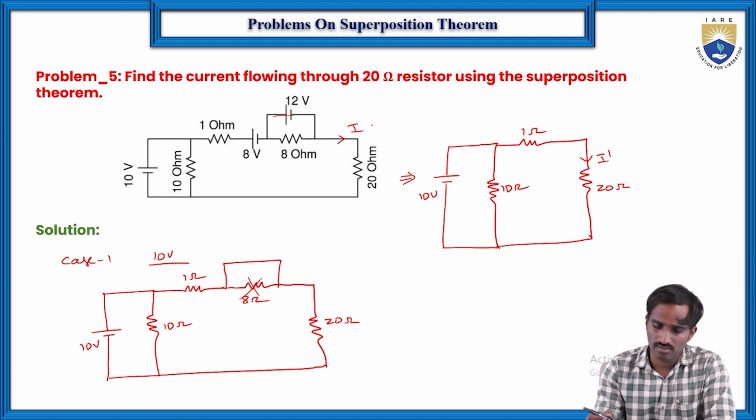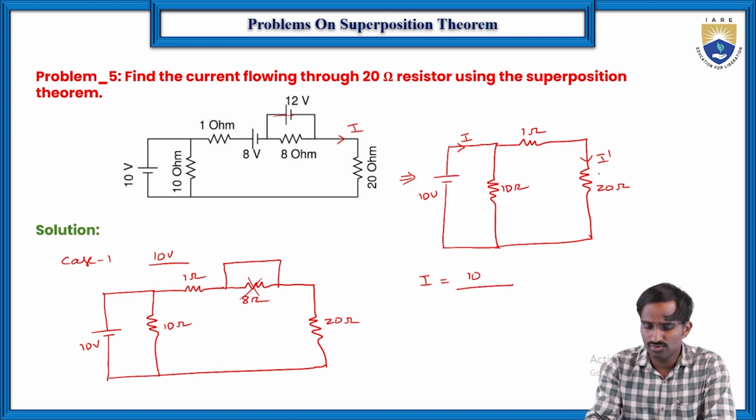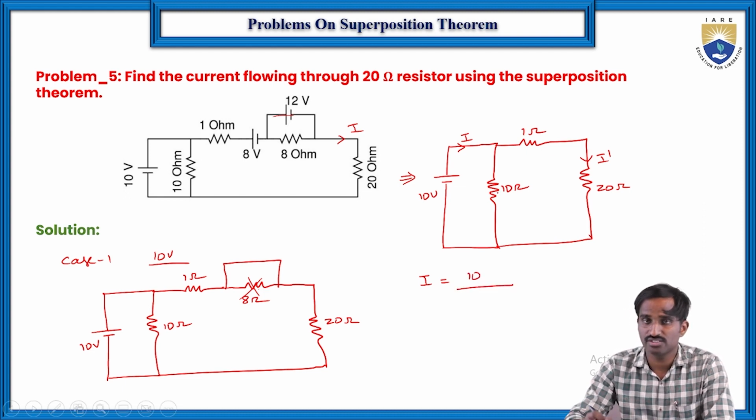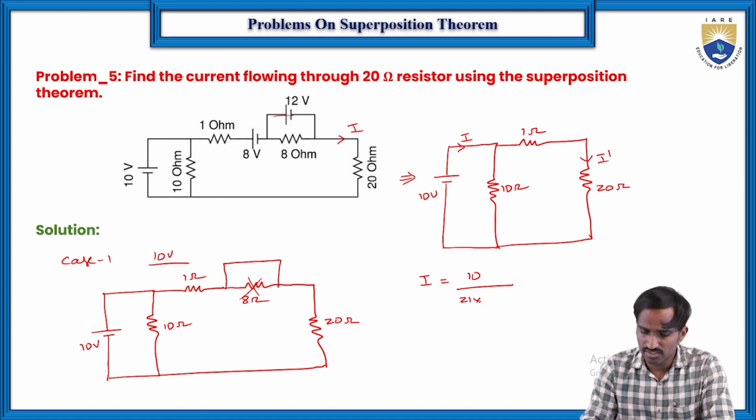Let us consider the total current I. So I is equal to the voltage, here it is 10, by, as you know, these two are in series, and the series combination is in parallel with the 10. So what is the 20 plus 1, which is 21. So 21 into 10 by 21 plus 10. So this is the total current I.